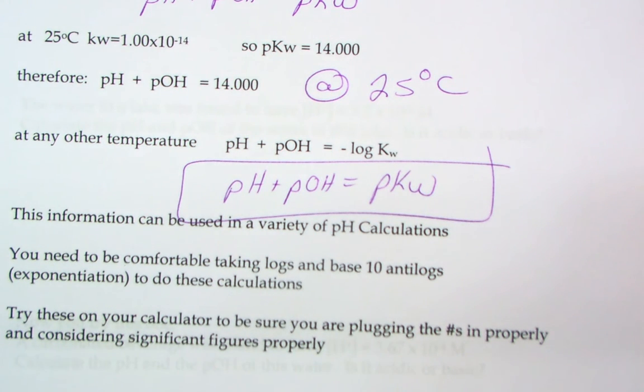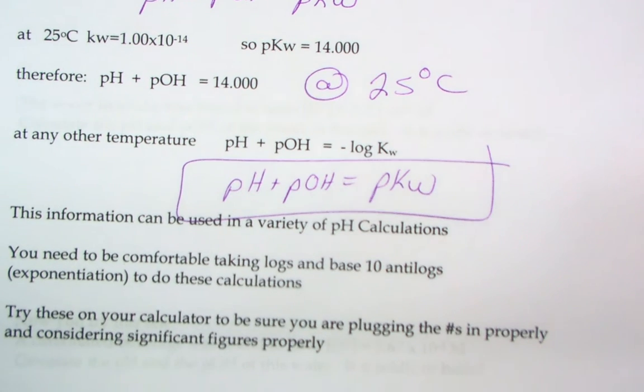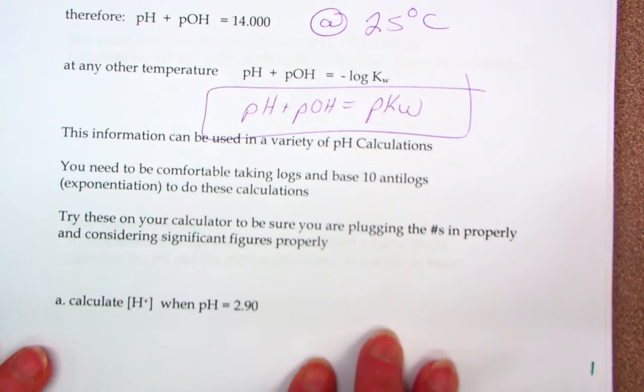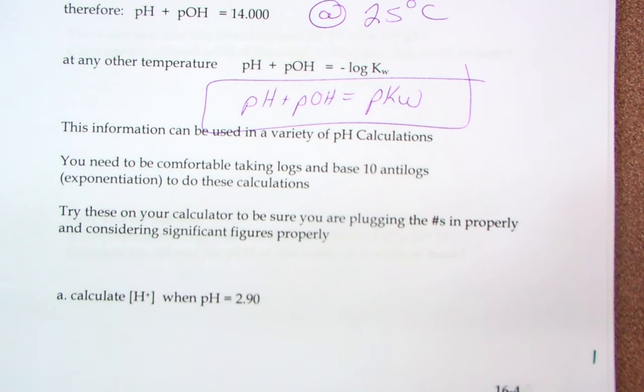What's a body temperature in Celsius? 37, yeah, so that's way higher. So when you think about that, what's the pH of blood? It's slightly basic, right?